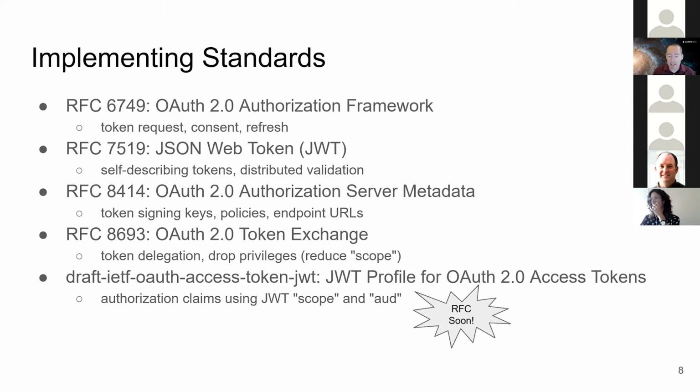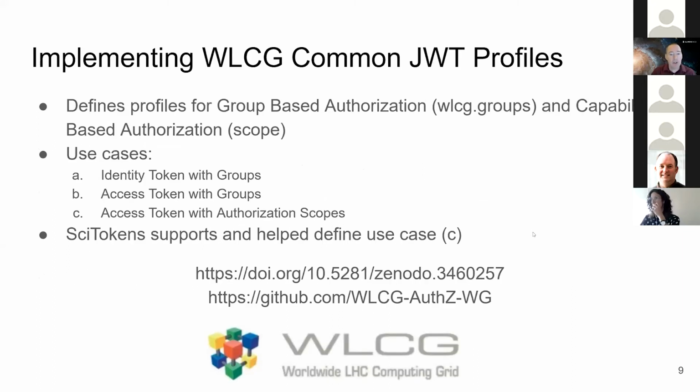One exciting thing that's happening in the very near future is this IETF draft for using JWTs with OAuth is becoming an RFC soon, and that's going to be really key for us staying aligned with the broader internet security community on using these types of tokens. But of course, we need to have profiles of using these internet standards for scientific computing.